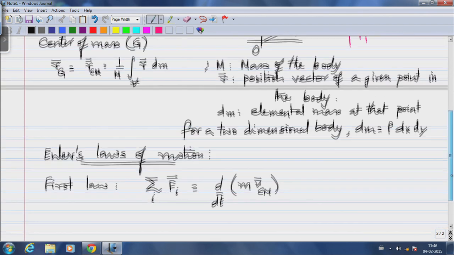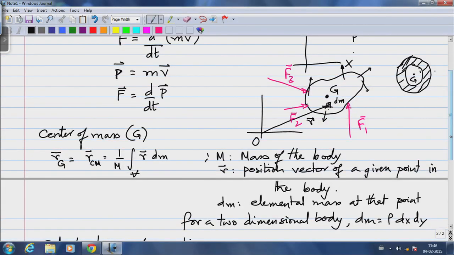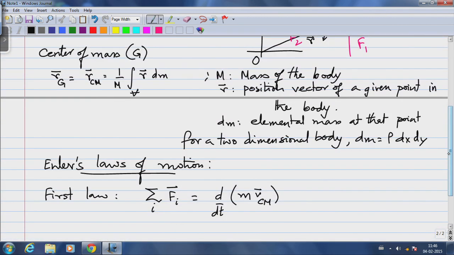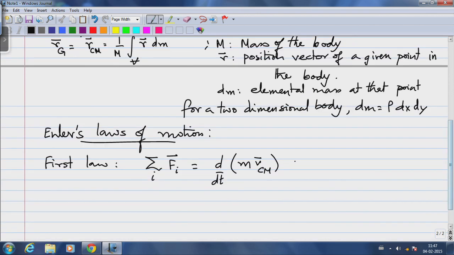So, the net effect of having a large body with a distributed set of forces acting on that body is that the velocity of the center of mass, or more precisely the momentum of the center of mass, is altered. So, if mass is constant, so for m being constant, we will use the same capital M to denote the total mass of the body.